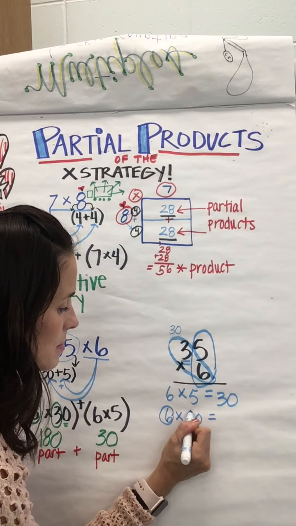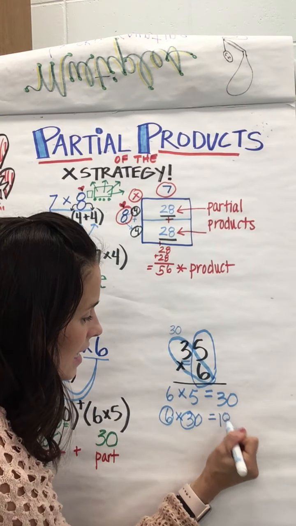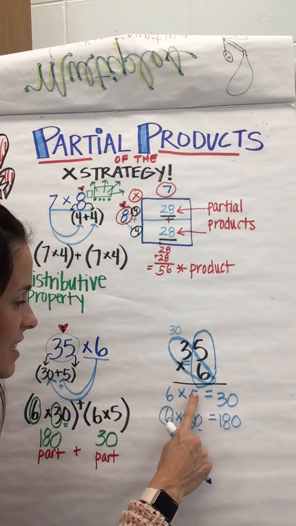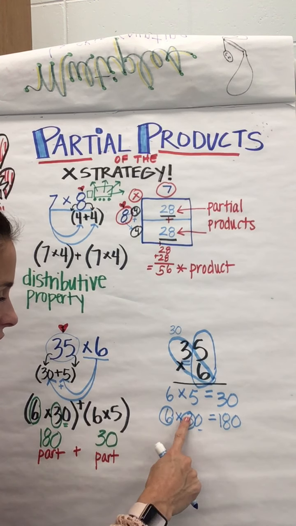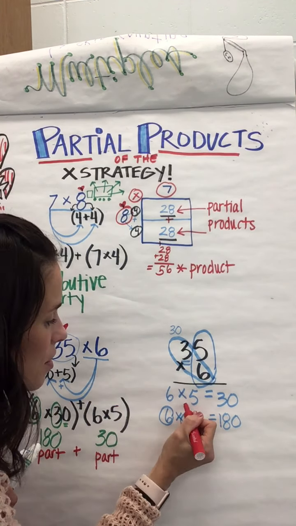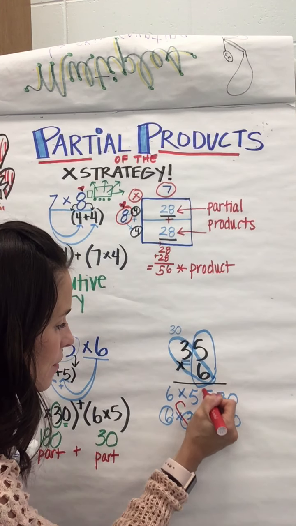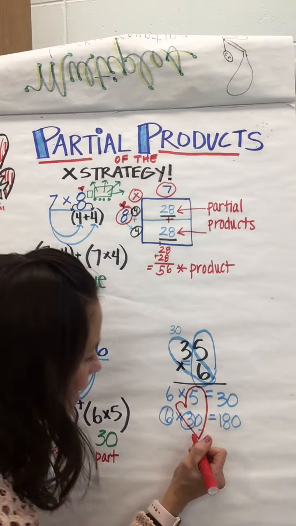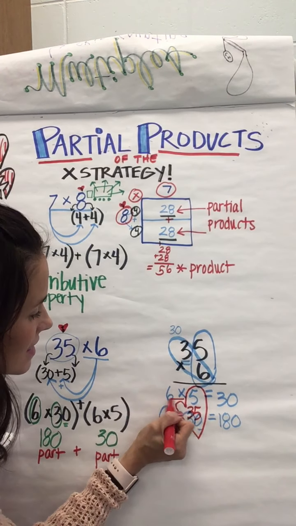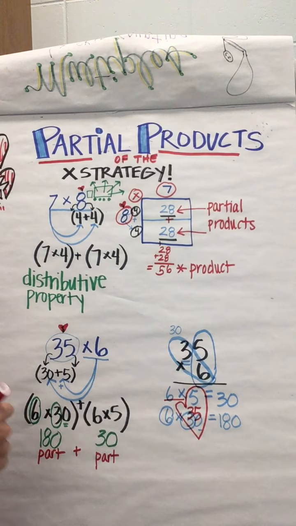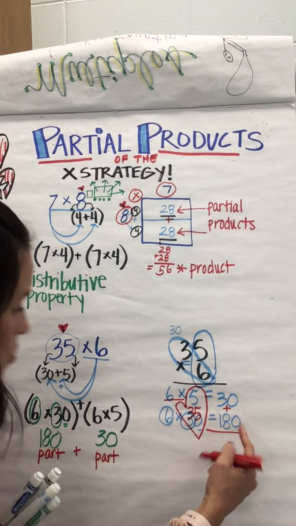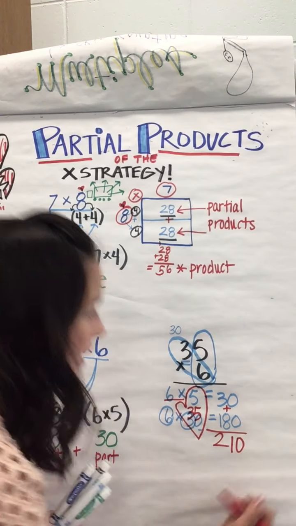And 6 times 3 is 18 with a 0. So look at that. It's the same thing. 6 times 5 and 6 times 30. And together, this 30 and this 5 make 35. So really, it's 6 times 35. And if you add up the partial products, you get the full product.